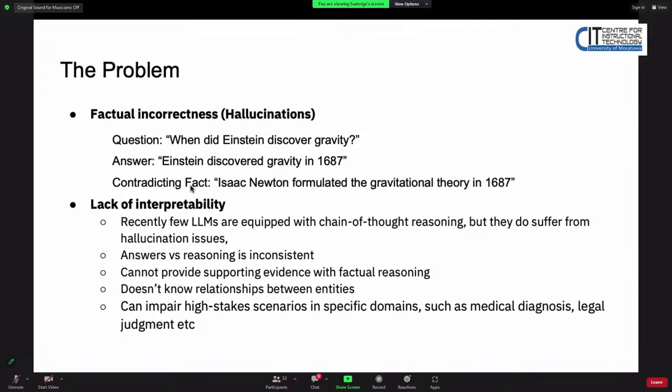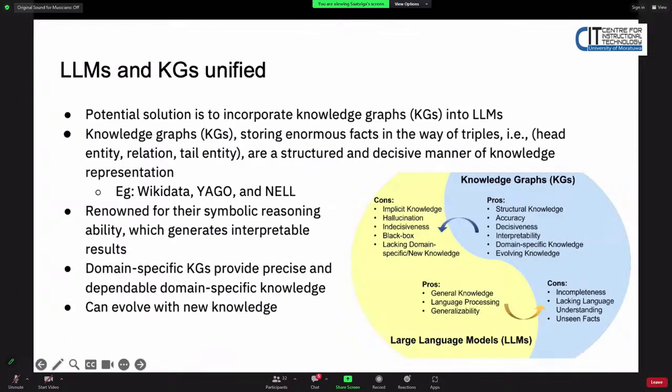And with generalized LLMs, we are not there yet. So there is a need for domain-specific models, and that's also lacking. Domain-specific knowledge can come when we model facts into LLMs. So how can we unify these two things?